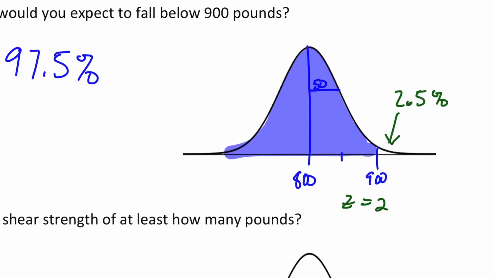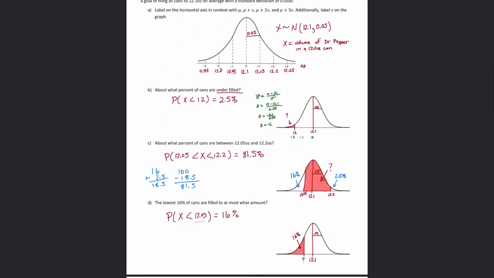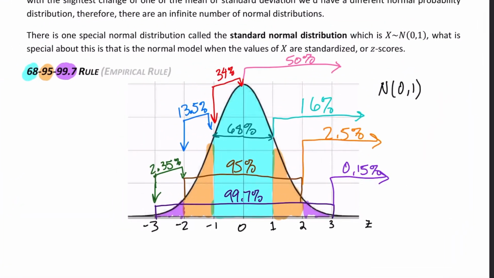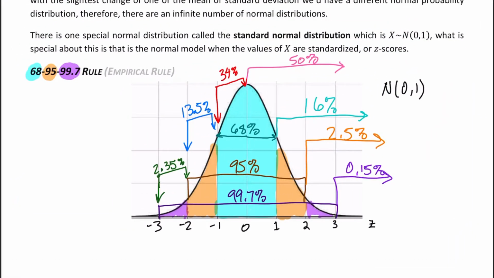I can go up to my picture, my 68, 95, 99.7 rule. If I'm at a z-score of 2, I'm looking for the area less than, all of this. Well, I can also just find the area above 2, which is 2.5, and subtract it from 100.